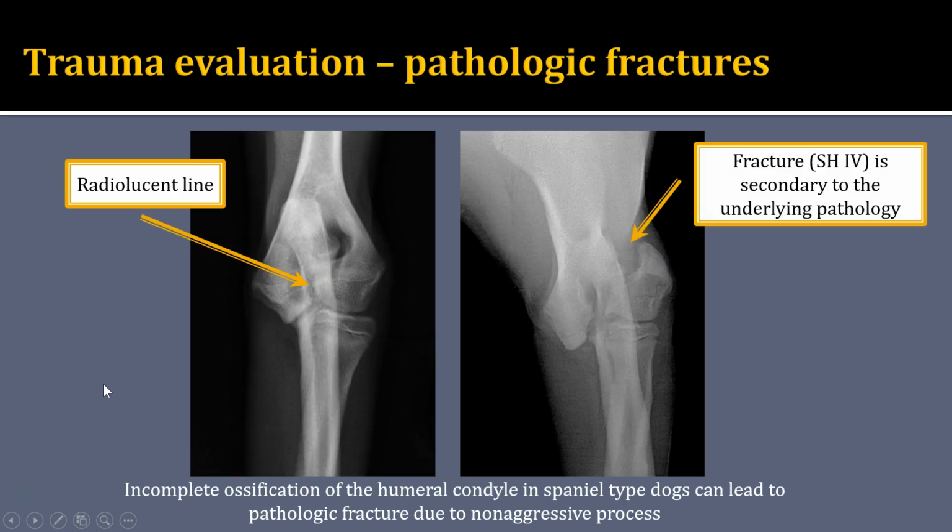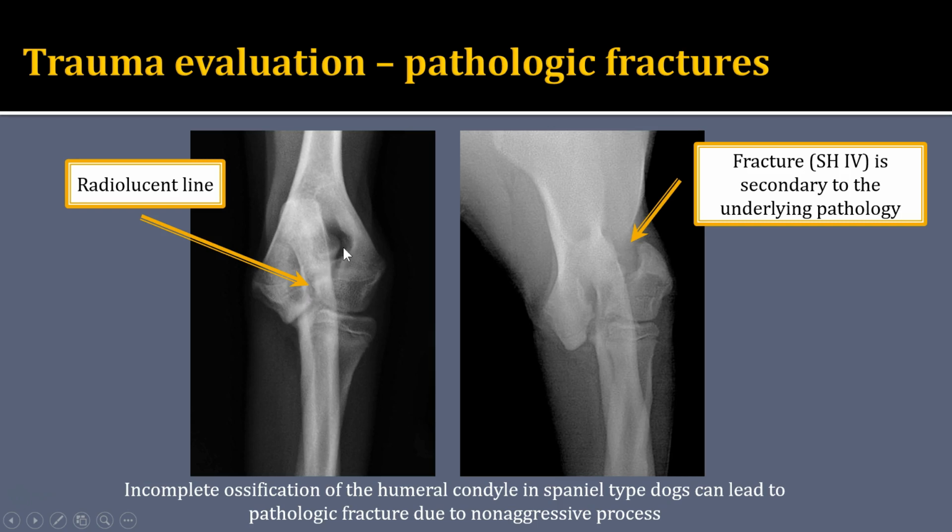Here's another example of a fracture secondary to a non-aggressive process that we'll call a pathologic fracture. In certain spaniel type breed patients, there is a process that happens where we get incomplete ossification of this distal humeral portion of the bone, the condyle. And so this incomplete ossification leads to the bone not being very stable.